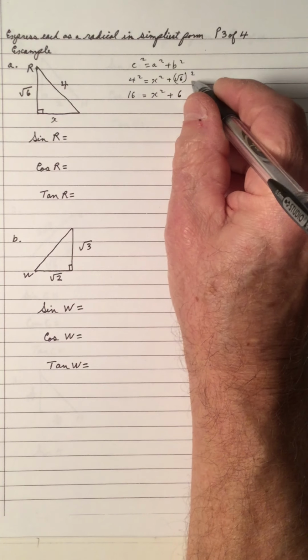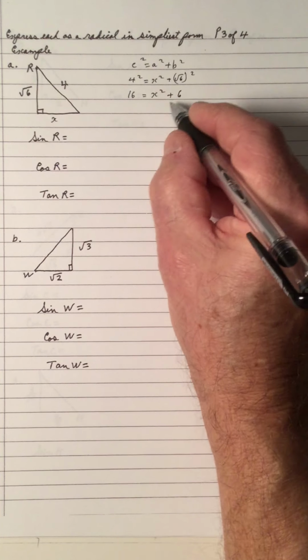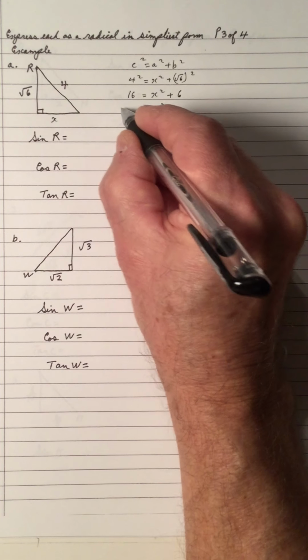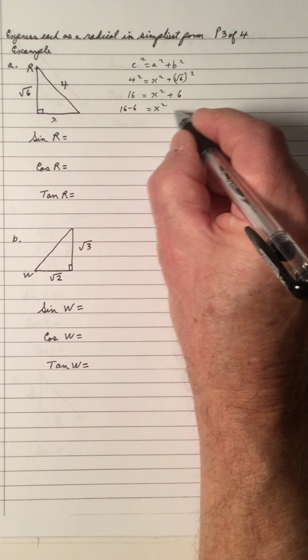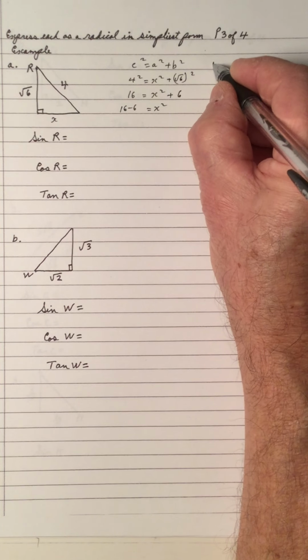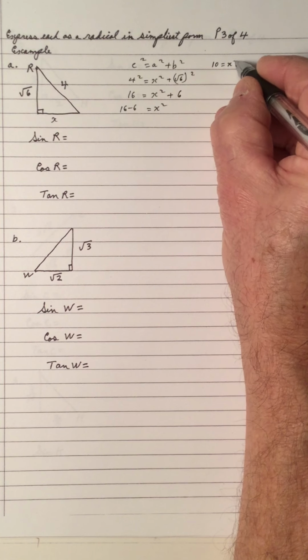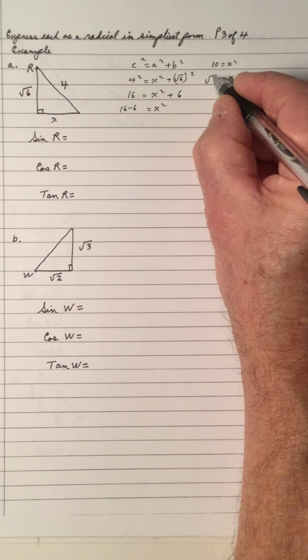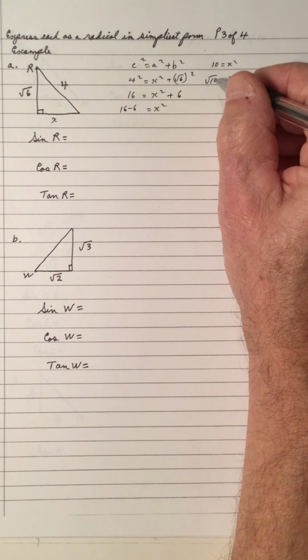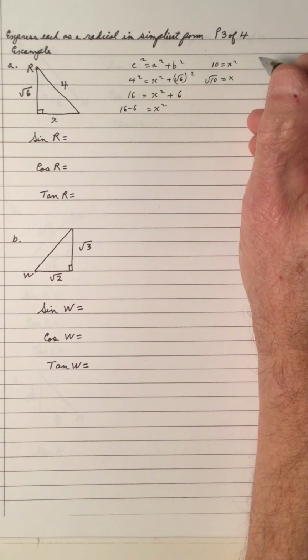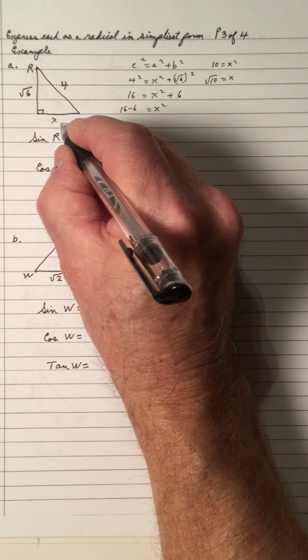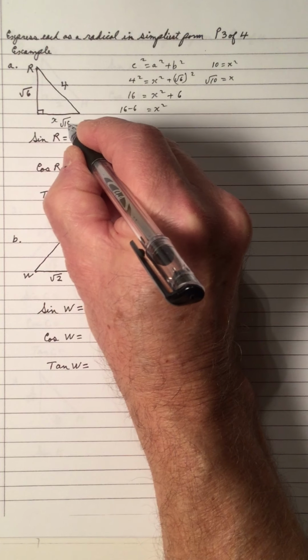Any square root multiplied by itself is that same number. So we get x squared is 16 minus 6. So that means 10 equals x squared. So x is the root of 10. Can't simplify. 10 has no perfect squares, 2 times 5. So that means this side is root 10.